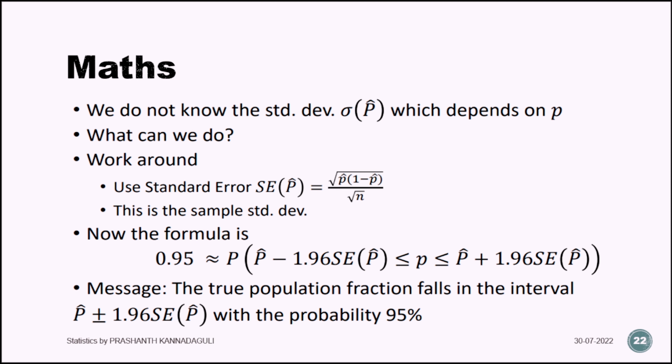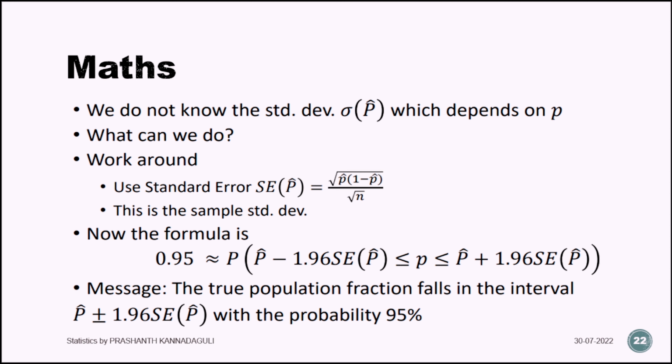Look at the equation. Sigma of p cap, the standard deviation, is nothing but the square root of p into 1 minus p, divided by n. P is not known, so I cannot do that. So I will substitute p cap over there, and whatever result is obtained, we will call that the standard error. That term is called the standard error.